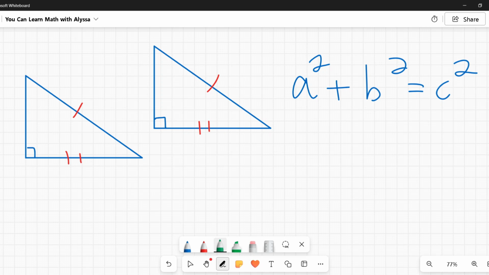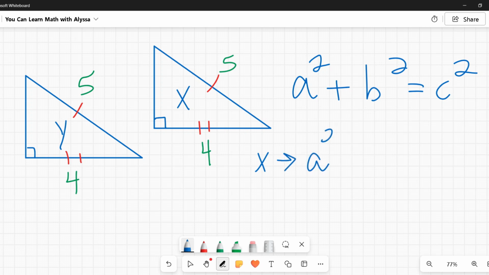So let's say this side is 4, and the hypotenuse on each triangle is 5. This is going to be triangle X, and this will be triangle Y. Okay, so triangle X, I have my unknown side, then I have that other side that is 4, and I have my hypotenuse, which is 5.